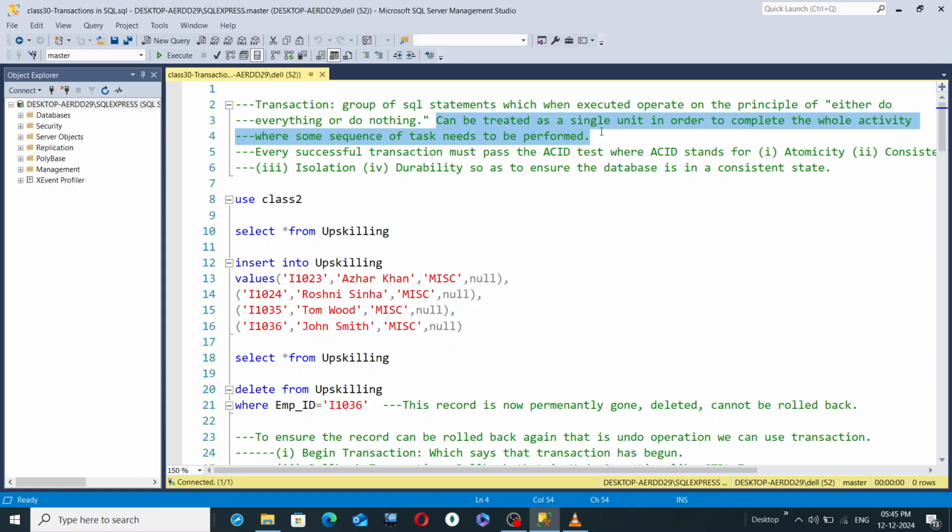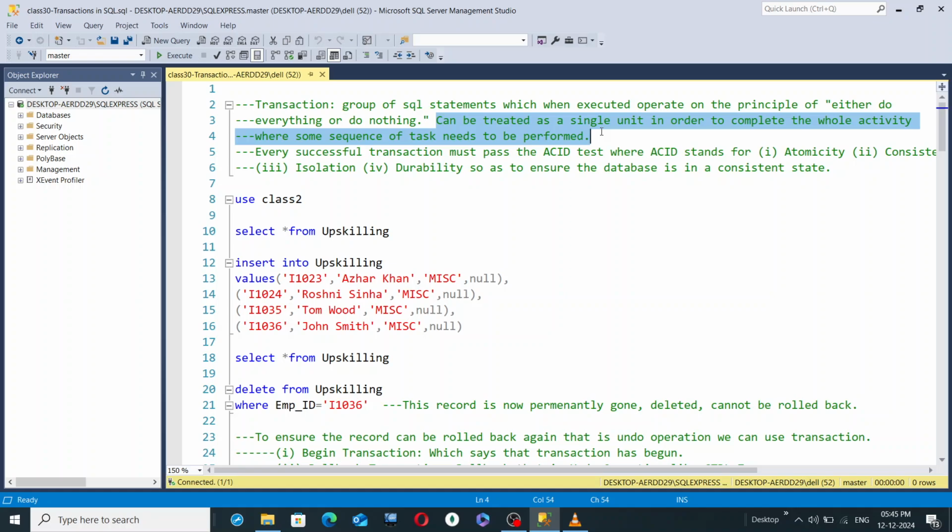So ultimately, if you have one big goal, that goal will be solved via some sequence of work, and that sequence of work is performed by a group of SQL statements. That group of SQL statements is treated as a single unit, which is known as a transaction.